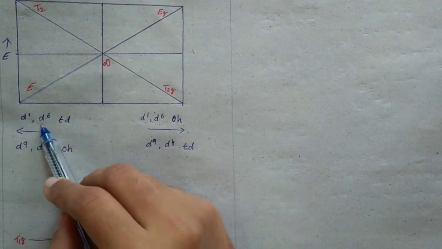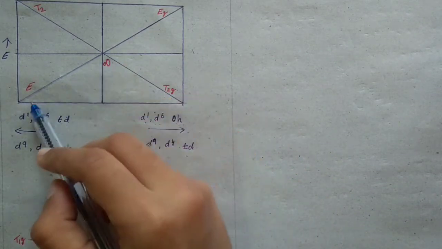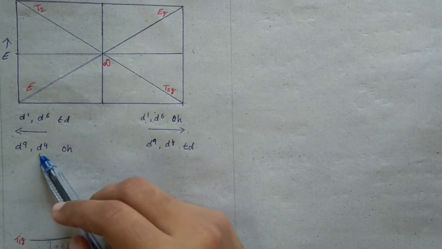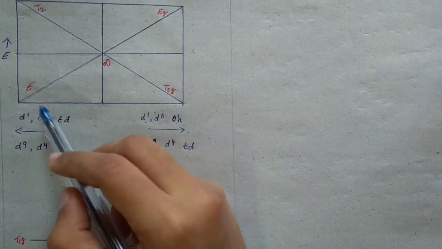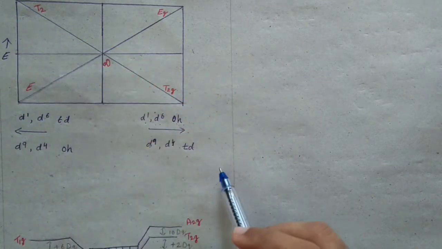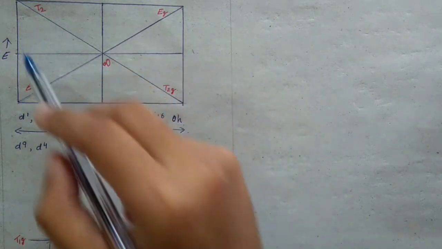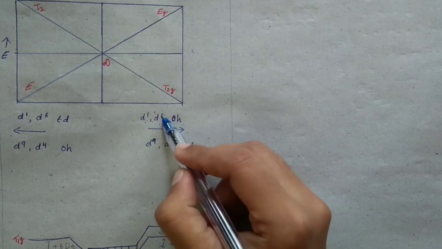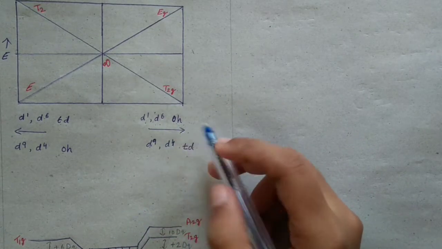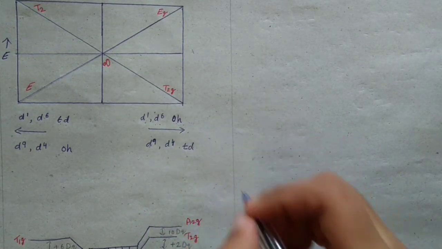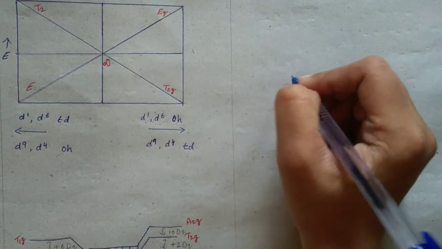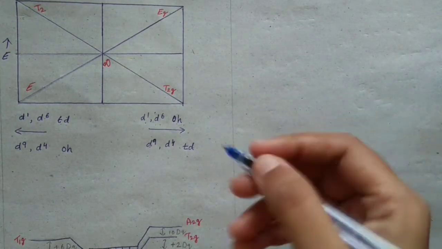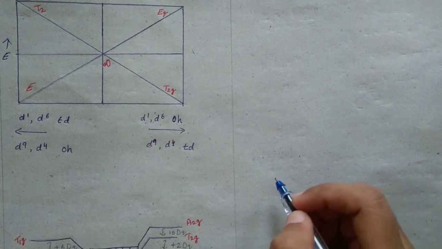For d1, d6 tetrahedral, first E, then T2, and d9, d4 in octahedral also the same, E then T2. So this is the generalized Orgel diagram for d1, d4, d6, d9 in octahedral and tetrahedral. Now we can write the Orgel diagram for each d1 to d10 configuration.